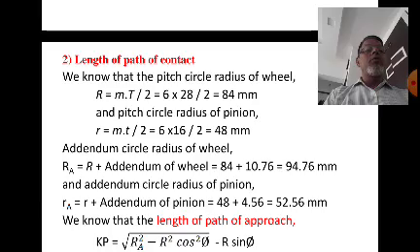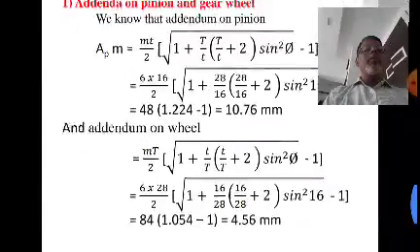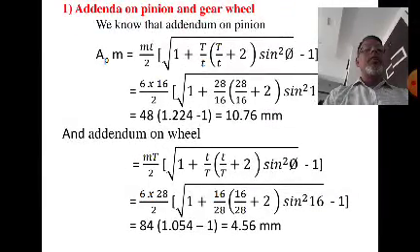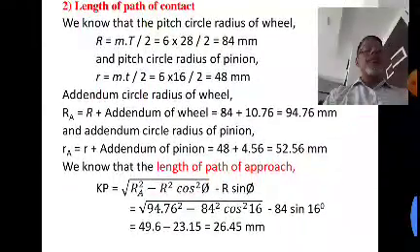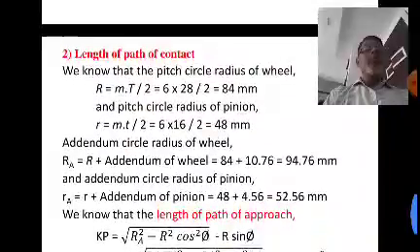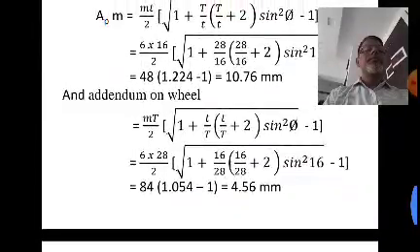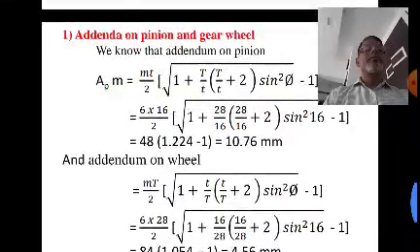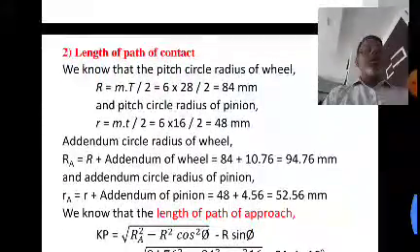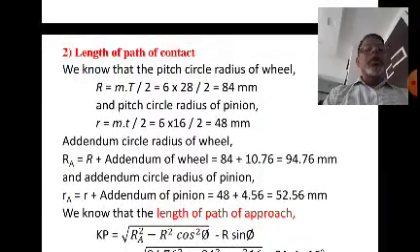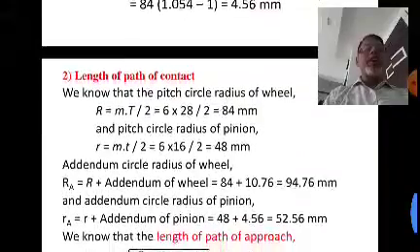Capital R is 84 plus the addendum of the wheel. Now here you should correct this. Addendum on the wheel is 4.56.